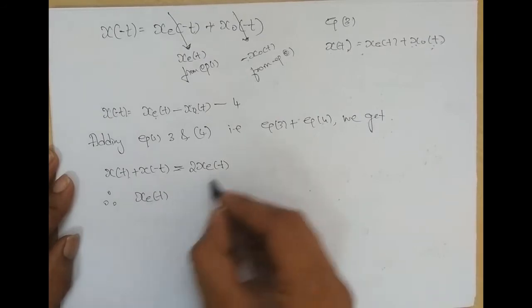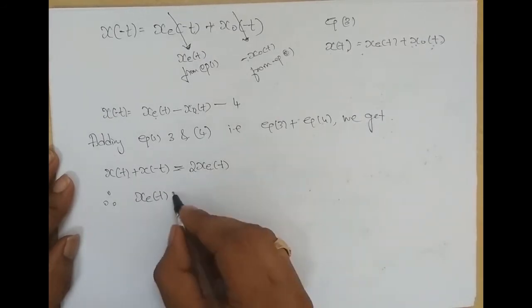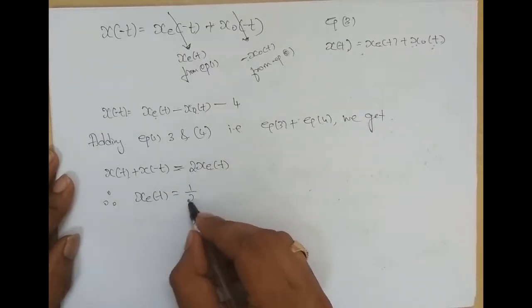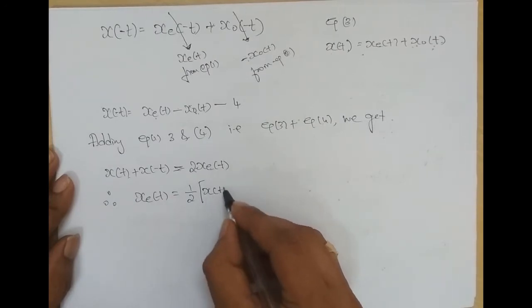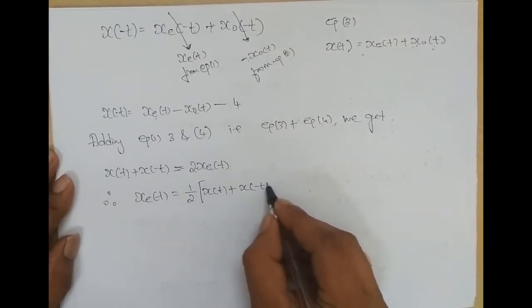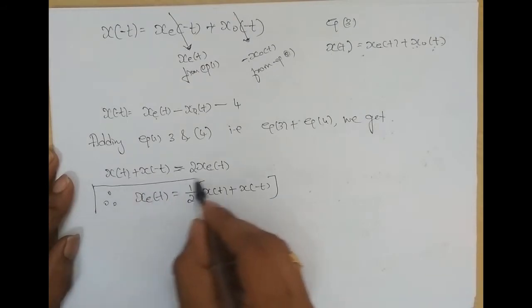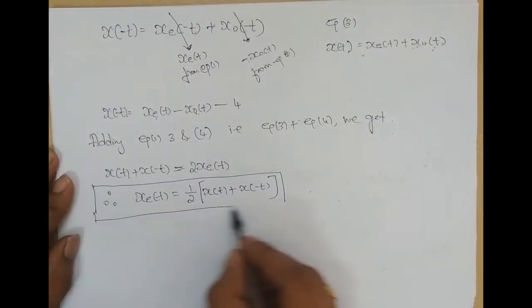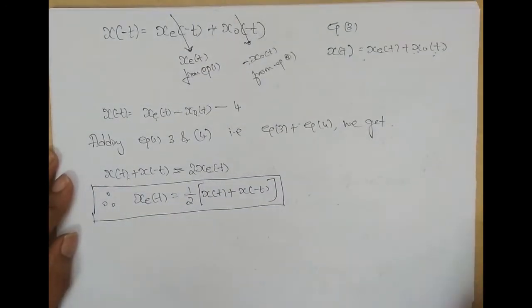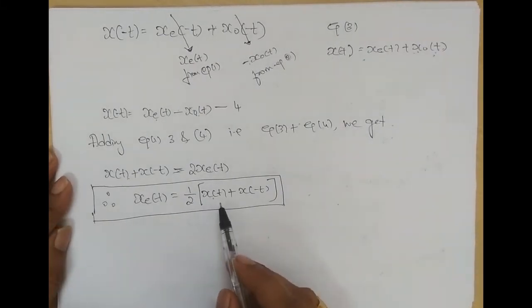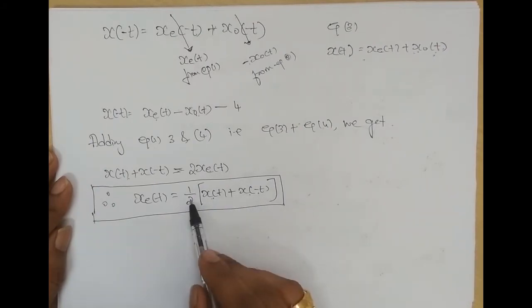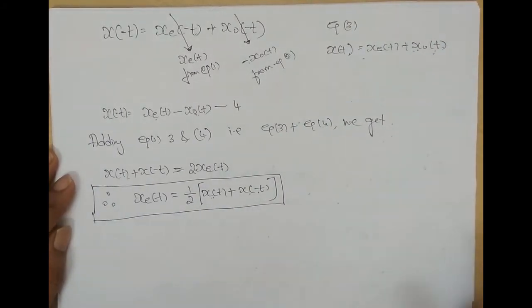I'll retain xe of t and take this 2 to the other side, so xe of t is 1 by 2 times x of t plus x of minus t. So this is the equation to find the even component of a signal. Given a signal x of t, how do you find its even component? You get x of minus t, add x of t with x of minus t and divide it by 2, and you end up with its even component.